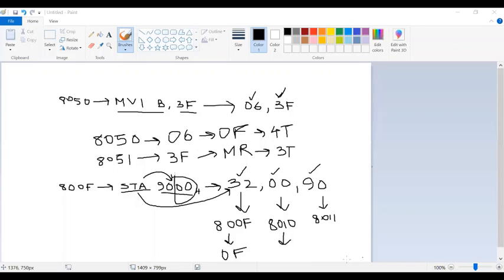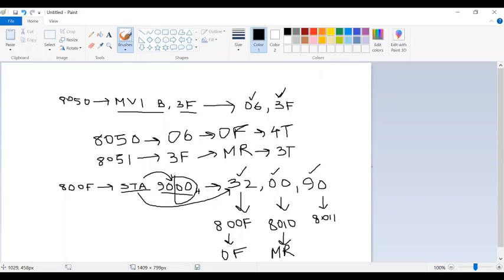So the next machine cycle will be a memory read machine cycle. Is it visible properly? Yes, sir, visible. So this is one memory read machine cycle to identify the lower 8 bits of your memory address.